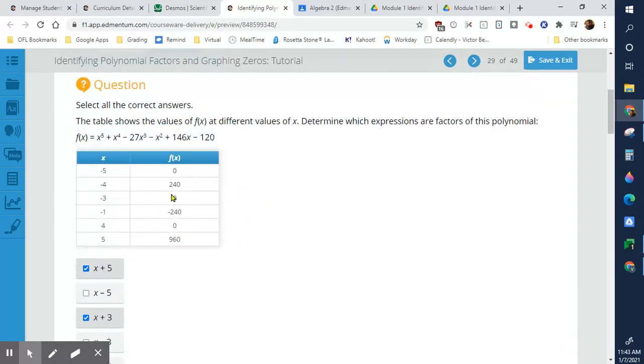I know that's a more complicated idea, but just to kind of show you, there's this 240 here at negative 4, and then at negative 1, we're at negative 240. So at some point in time, it had to have crossed this 0. And that just so happens to be at negative 3. This is not drawn to scale, but you kind of get the idea, hopefully. And if not, like I said, this is a more complicated idea that you'll learn about later. So I'm going to submit those.